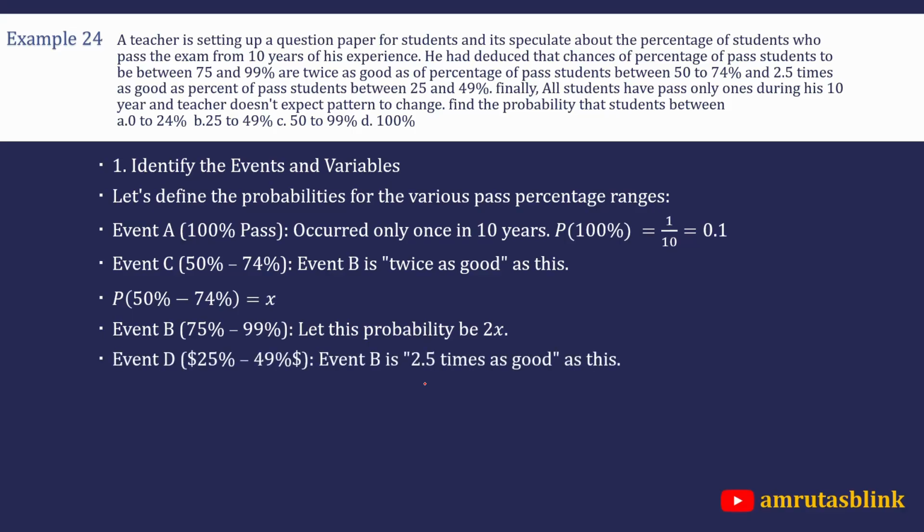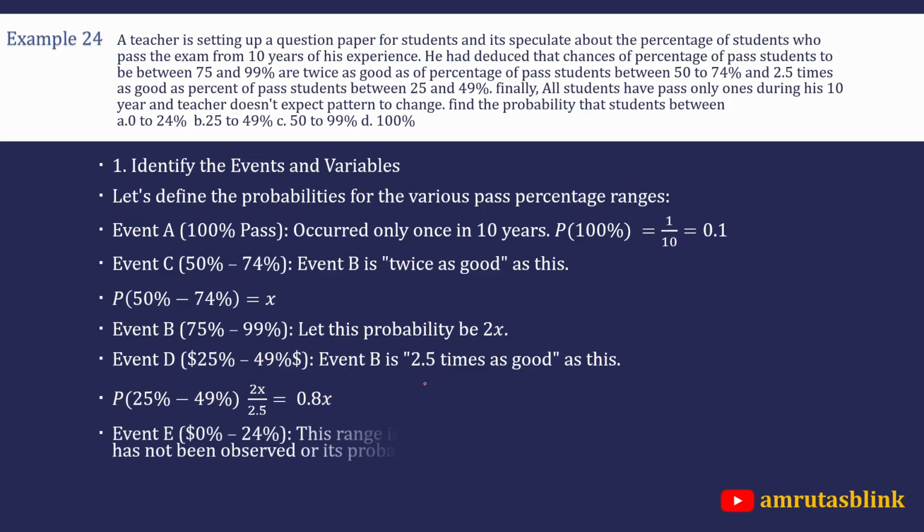And for the event D, that is 25 to 49%, event B is 2.5 times as good as this. So for event D, the probability is 2x upon 2.5, that is 0.8x. So just read the information given in the problem carefully and create the equation.